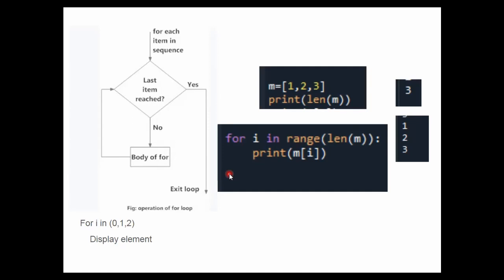Suppose I am writing here print m of length of n. So again the value of the length of m will be displayed. So how will we come to know whether the body is terminated? Whenever we do not leave an indent, that will be treated as the exit of your for loop.